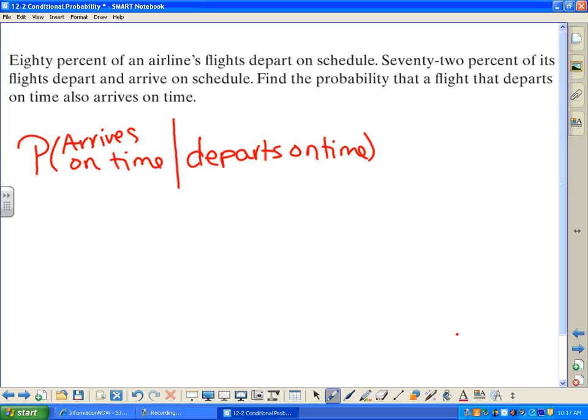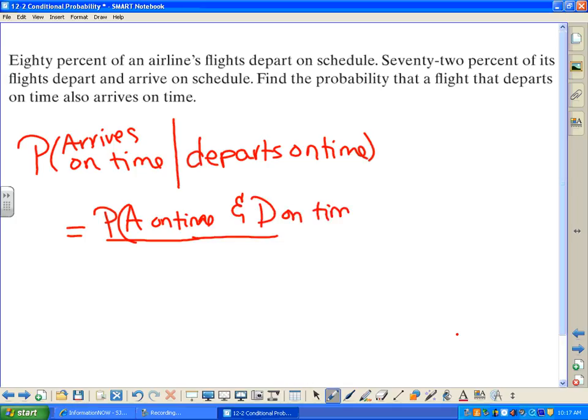Okay? Now, you might want to use your little formula. The formula says that this thing is equal to the probability that it arrives on time and departs on time over the probability that it departs on time.